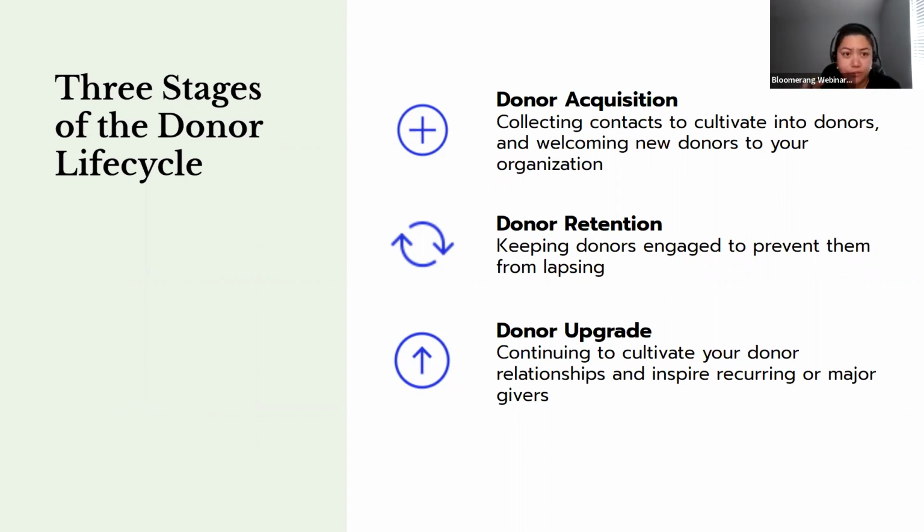Is your donor acquisition really good and you need to spend a little bit more time on your donor retention? Maybe your donor retention is already really good, but you need to focus on bringing new donors and new contacts into your organization. That can help you figure out which stage you need a little more time in and where to spend your valuable time.